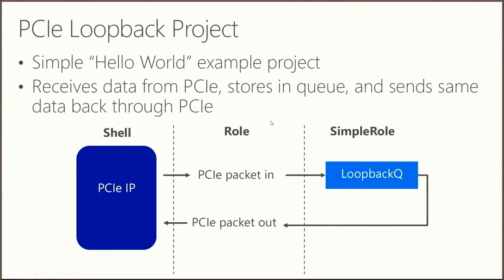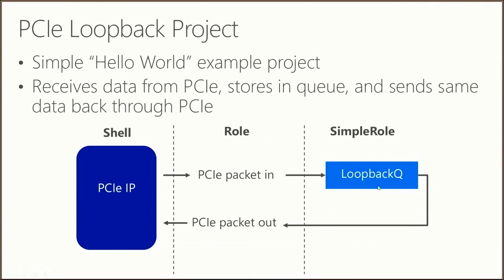Okay, so let's start to introduce the projects. The first sample project is the PCIe Loopback project. It's a very simple Hello World example project. The host program basically sends data to the FPGA and expects the same data back from the FPGA.